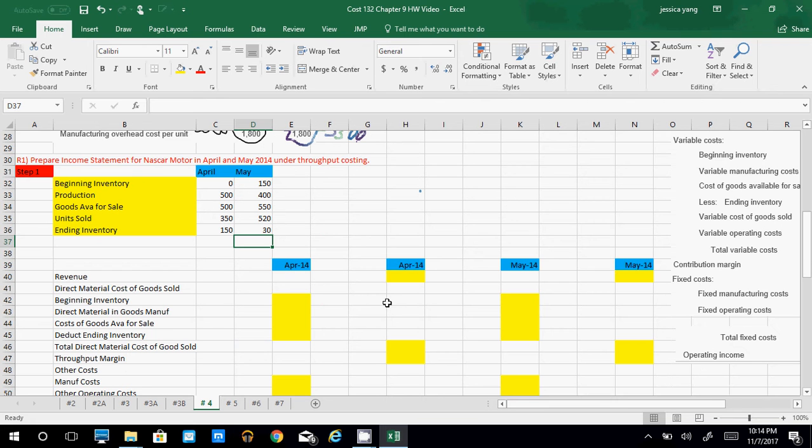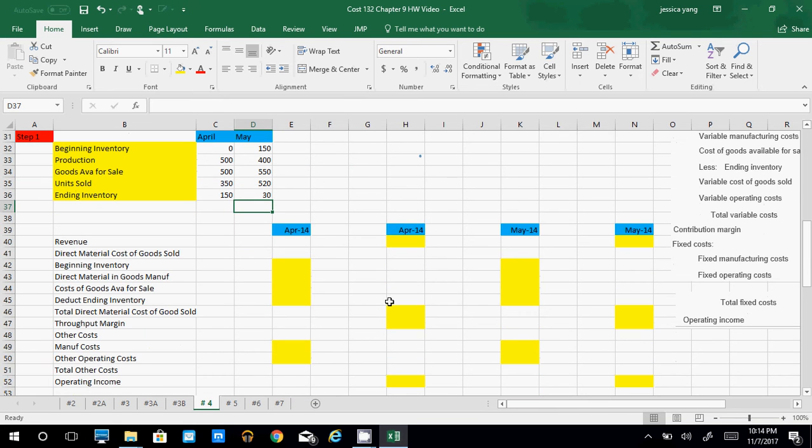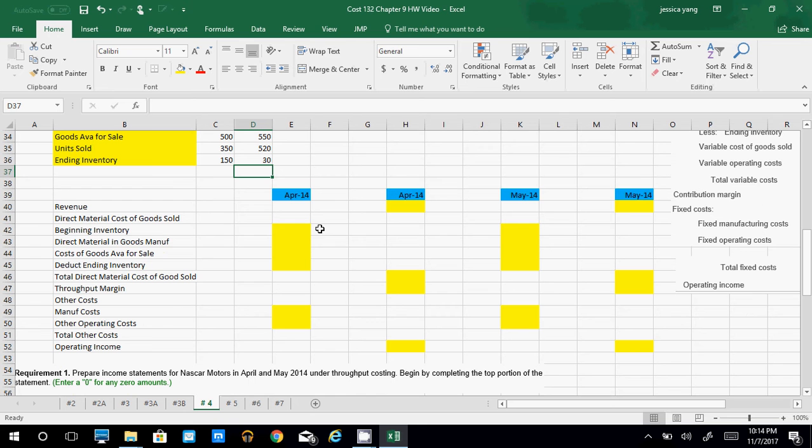I have created a template with the yellow highlighting. The answers in the yellow highlighted parts will be transferred to the person answer.